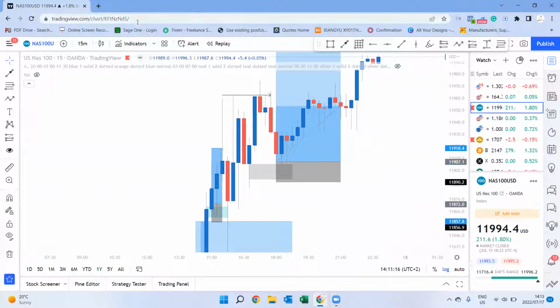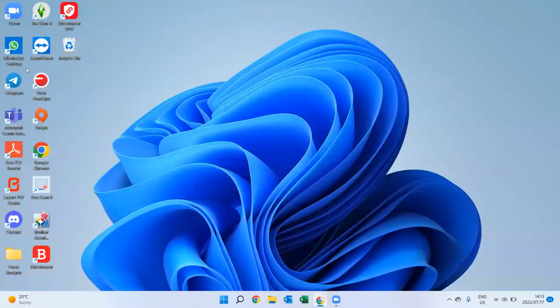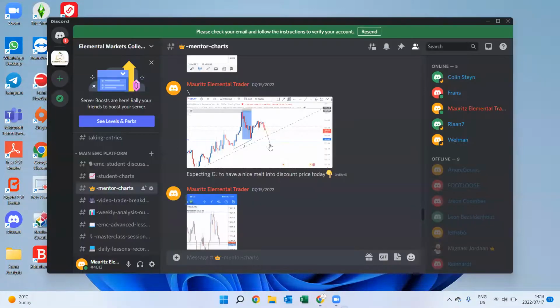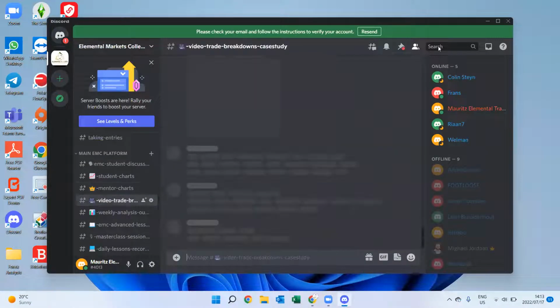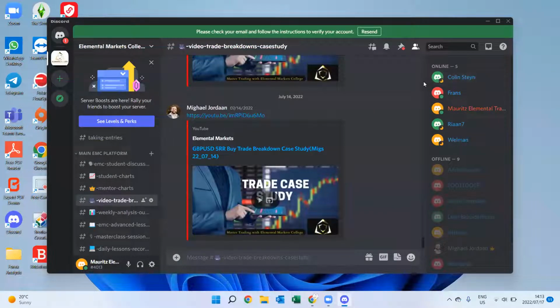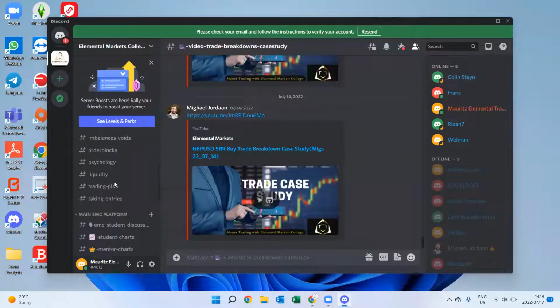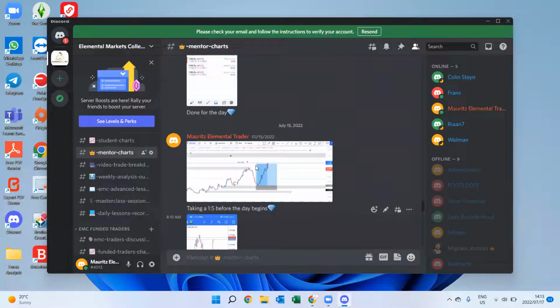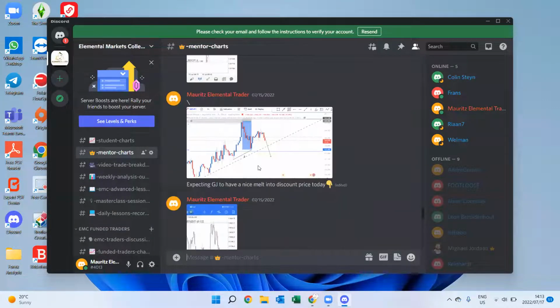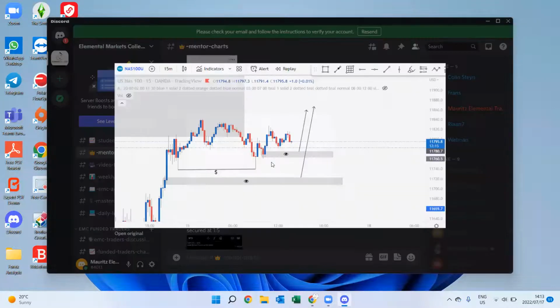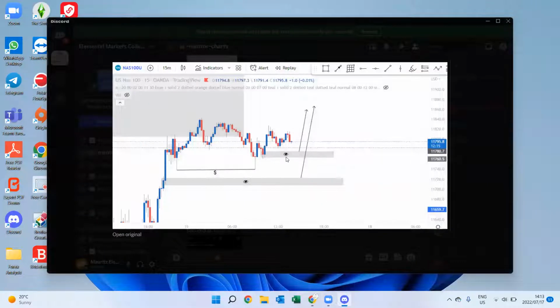Let me show you guys the Discord, because I dropped the signal in the Discord channel. Where is it? Mental charts right here. So right here, I said basically we're looking for buys. There was a point of interest a bit higher, but that didn't hold.